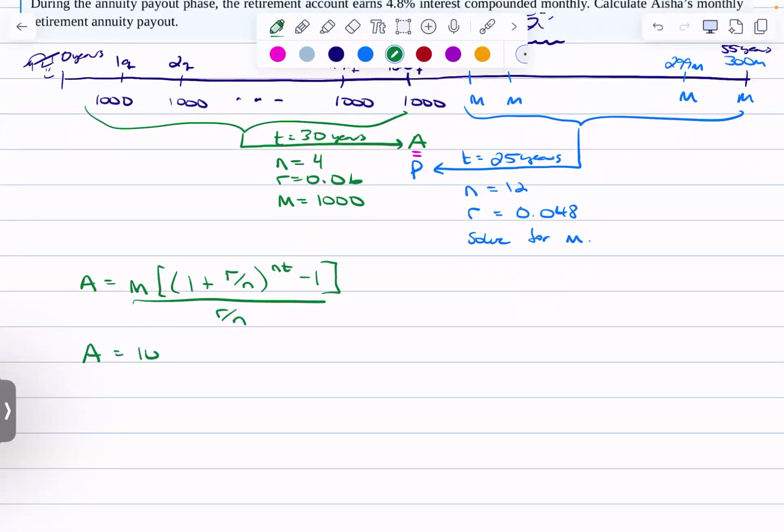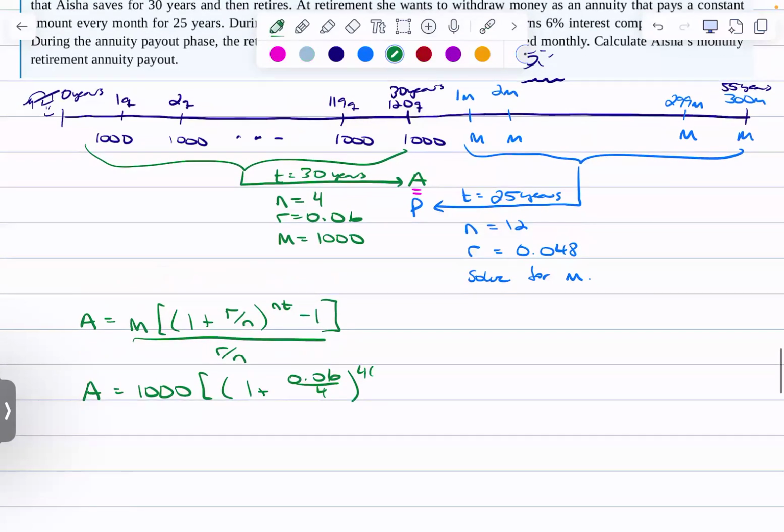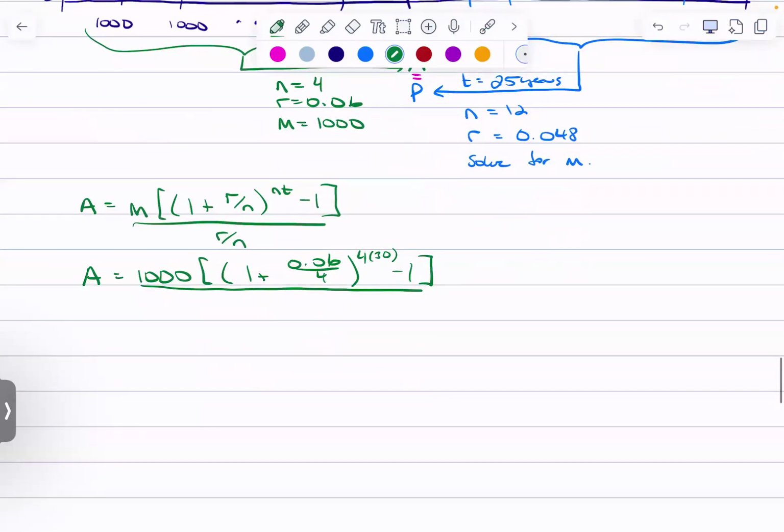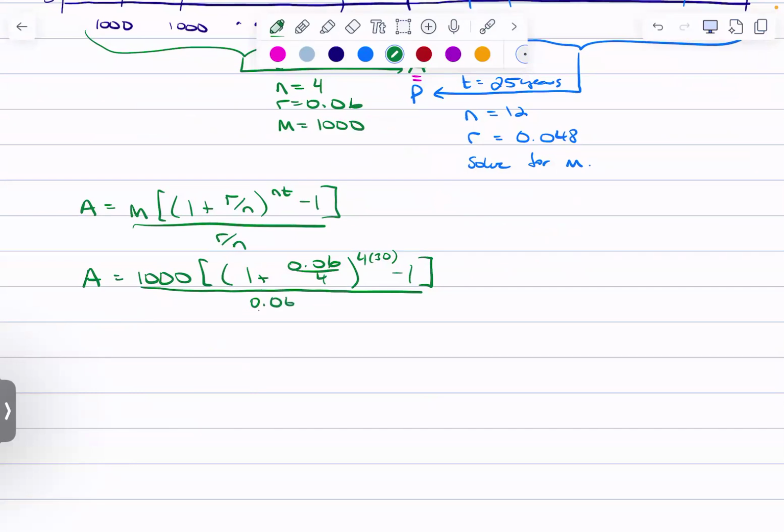Okay. 1,000 times 1 plus 0.06 over 4, making sure you keep track of your rates and your compoundings. They're separate and different this time. And that's why I think it's nice to kind of separate them up here. 4 times 30 minus 1, over 0.06 over 4.